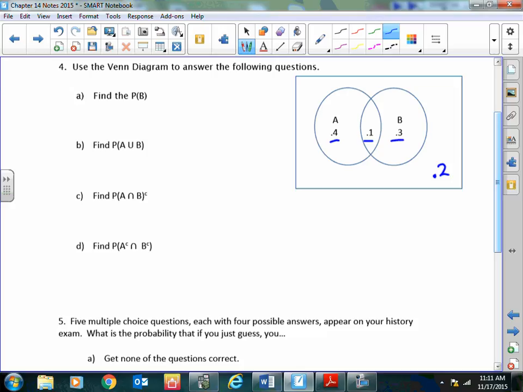All right, so I want you to try these ones here, and then we'll see how you do. Just the whole B circle is what you'd be looking at, everything that's contained in the B circle.